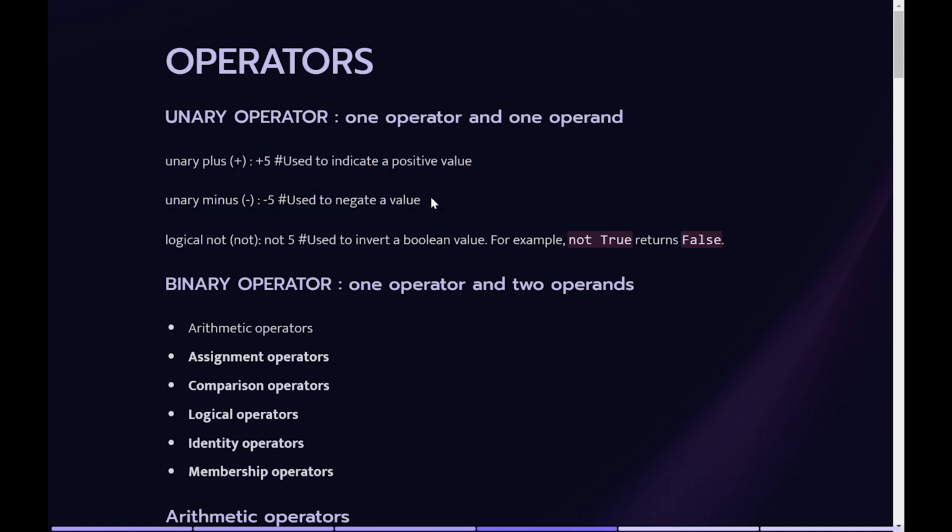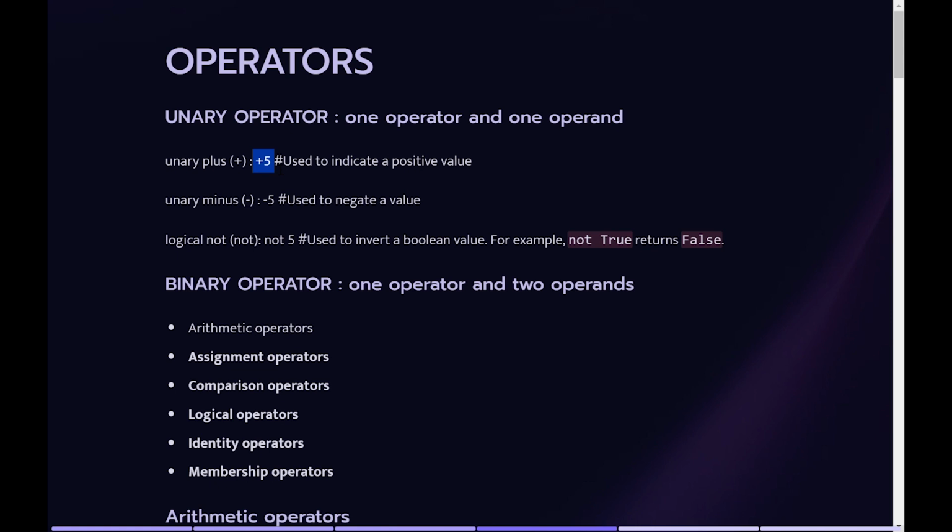Unary plus is not used much because a positive value can be denoted even without using the plus, whereas a negative value is not like that. So we don't use unary plus much, but still, this is for your information, like FYI.